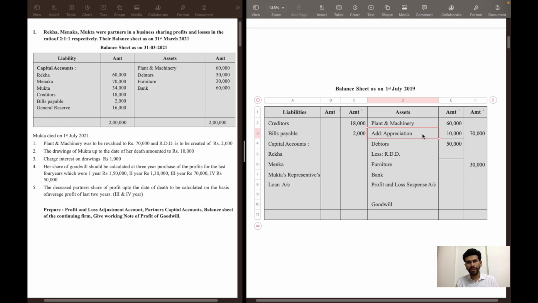If the fixed asset value increases, it is called as appreciation. If fixed asset value decreases, it is called as depreciation. Similarly, reduction in value of intangible fixed assets such as goodwill, copyright, patent, trademark, decrease in value of such assets are called as amortization.